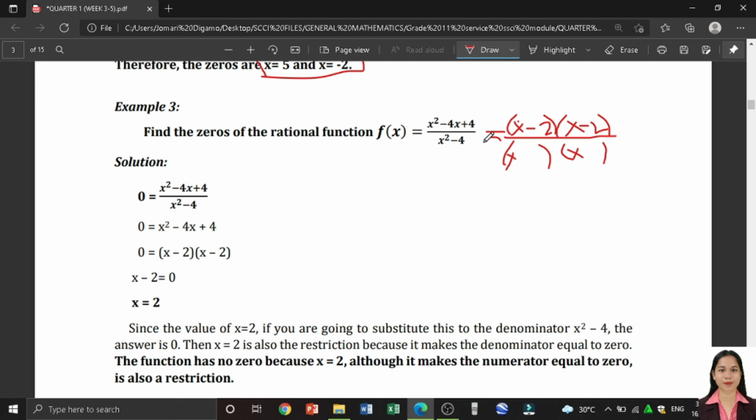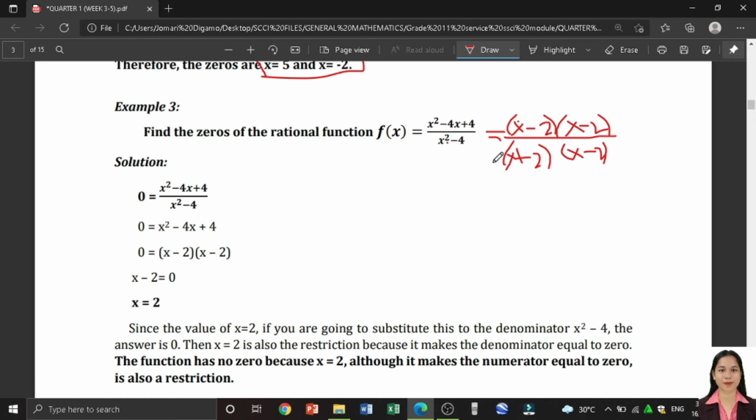We have 2. Since this is positive and negative, sum and difference, we write plus or minus. And the square root of 4 is 2, so you write 2 and another 2. So now these are the factors of x squared minus 4x plus 4 and x squared minus 4.